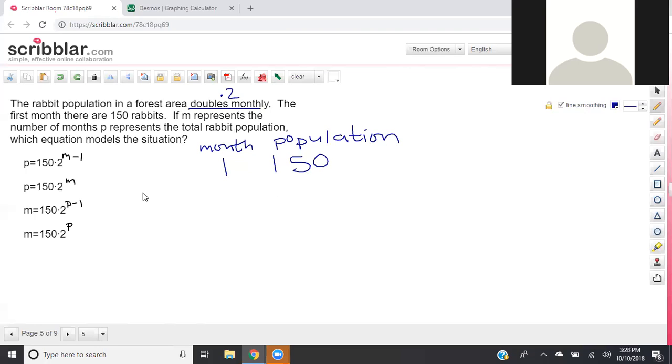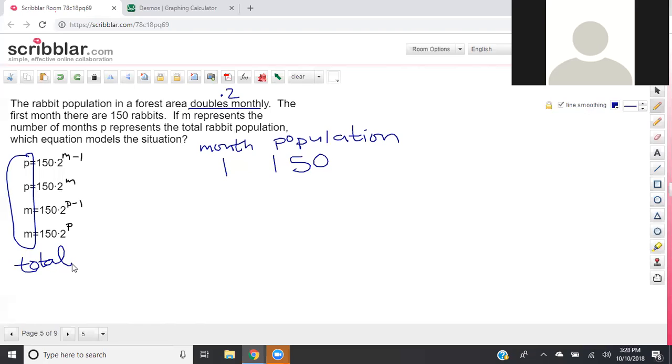So without even worrying about the numbers, the letters can actually eliminate 2 of our answers. It's either got to be P equals or M equals. So the letter on the left that's alone should be the letter that tells us the total amount of everything. So which one represented the total? The months or the population?